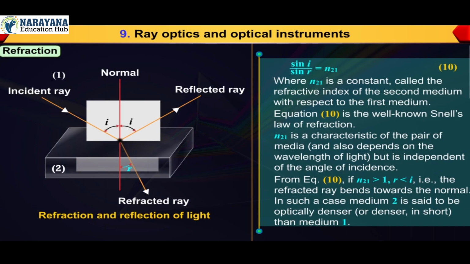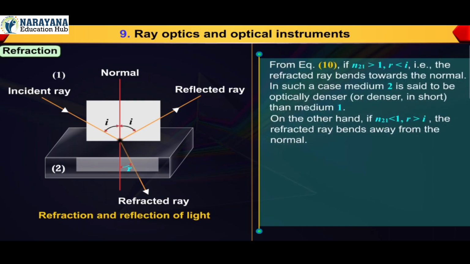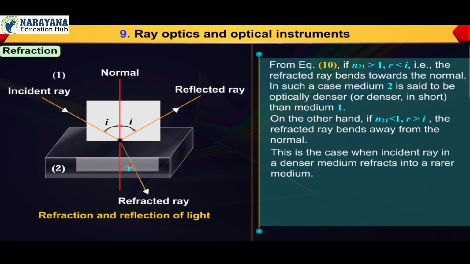In such a case, medium 2 is said to be optically denser, or denser in short, than medium 1. On the other hand, if n21 is less than 1, r is greater than i, the refracted ray bends away from the normal. This is the case when an incident ray in a denser medium refracts into a rarer medium.